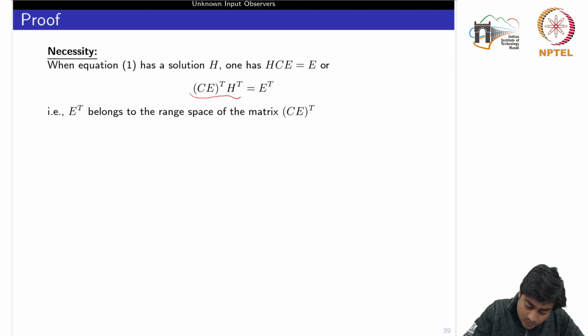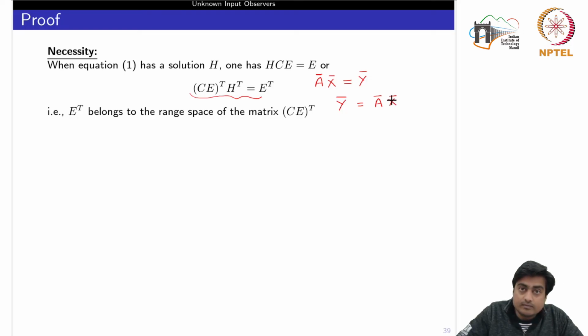Now pay attention to this equation. I can write it with CE transpose as A bar, H transpose as X bar, and E transpose as Y bar. We had seen these types of equations earlier. So let's write this in a common notation as Y bar equal to A bar X bar, where Y bar is E transpose, X bar is H transpose, and A bar is CE transpose.